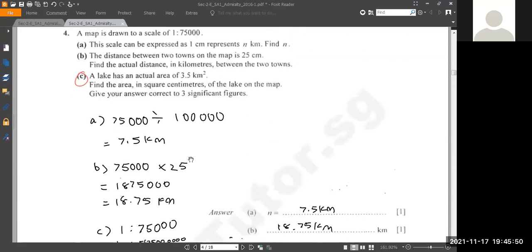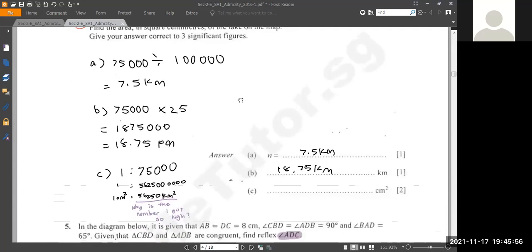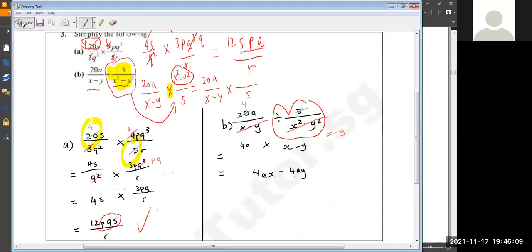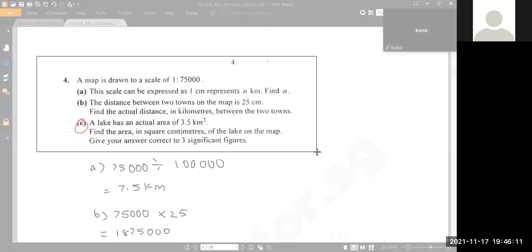Okay, question C. This question is also, I will say, similar to your exam questions. We talked about it last time, but anyway, we can talk about it again, because I think this is slightly harder than the other time.